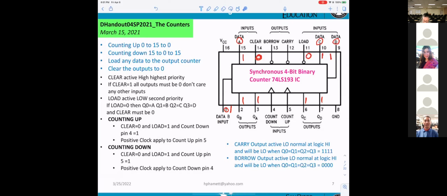Then you can take the output. But you don't do anything with the count up or count down. When load equals 0, you cannot count anyway, so they will be don't care.